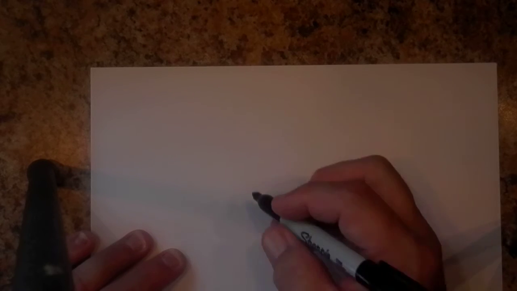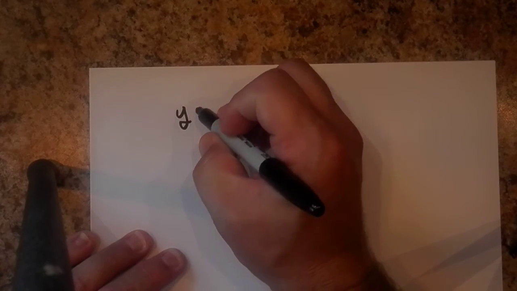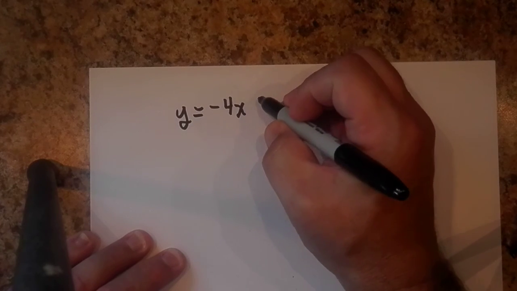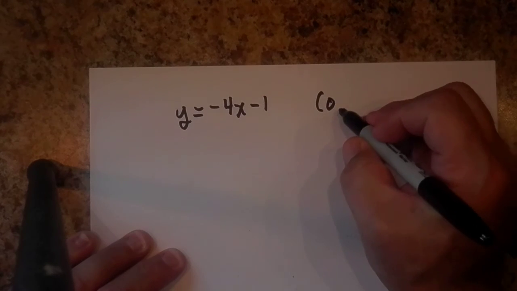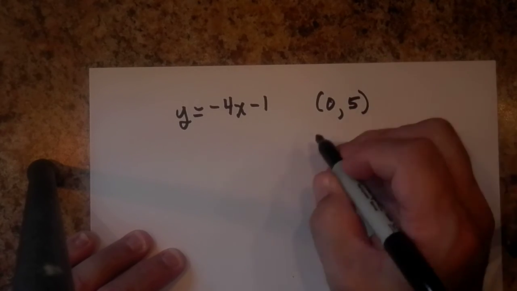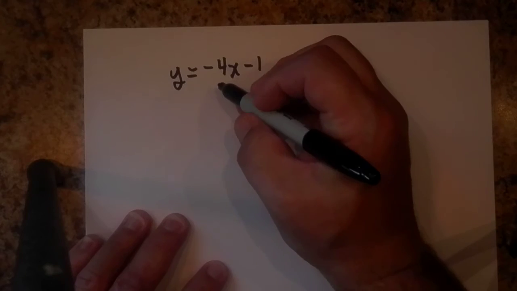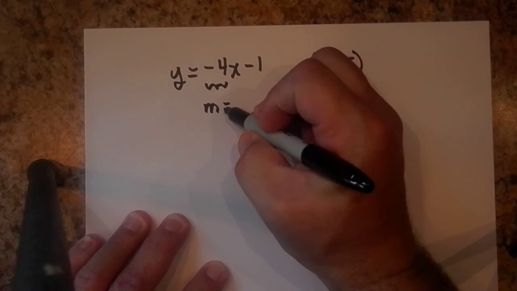Let's start with an example where I'm going to find the equation of a perpendicular line. In this problem, I'm going to start with the equation y equals -4x minus 1, and I want my perpendicular line to go through the point (0, 5). So in this equation, I can identify the slope as -4.